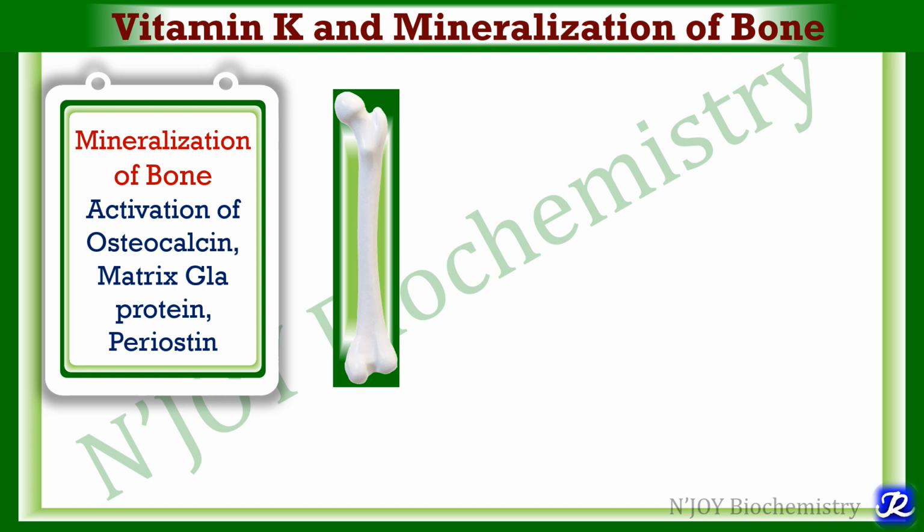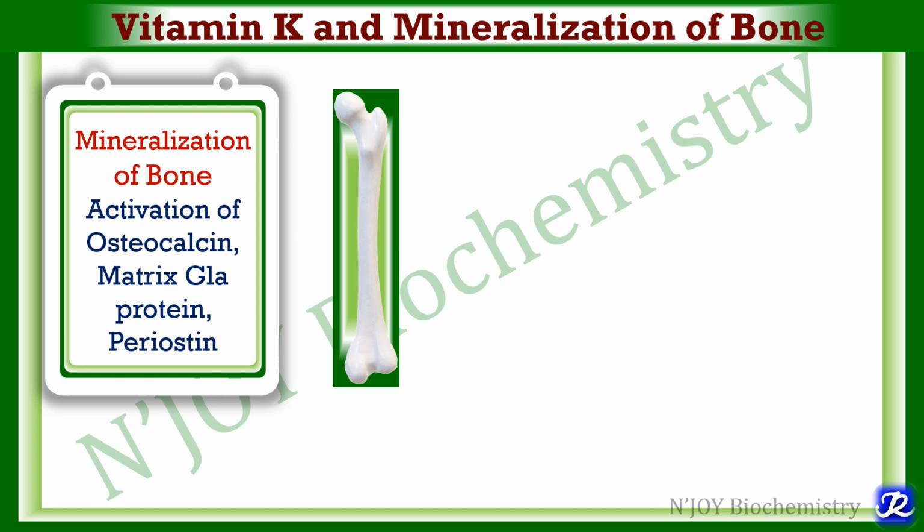Vitamin K also plays a role in mineralization of bone because gamma carboxyglutamate is necessary for the functional activity of bone proteins like osteocalcin. This osteocalcin is a small protein which is synthesized by osteoblasts, and its synthesis is induced by vitamin D. Proteins like osteocalcin, matrix GLA protein and periostin are gamma carboxyglutamate rich proteins which are formed by vitamin K dependent gamma carboxylation.